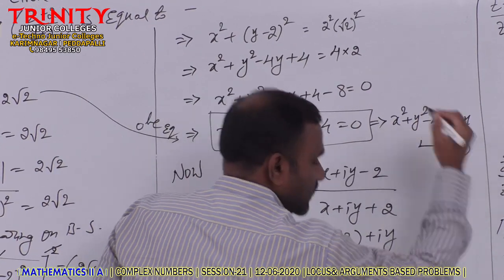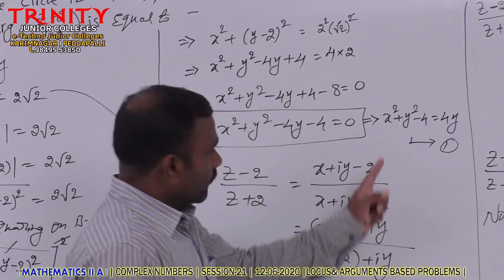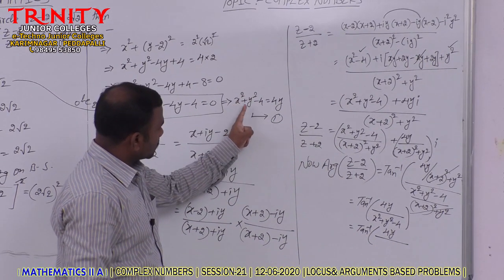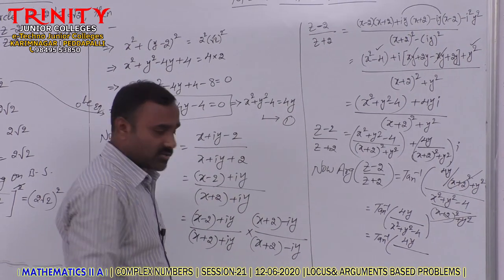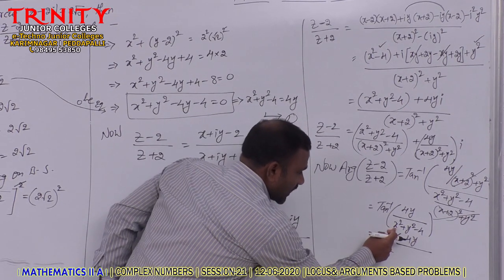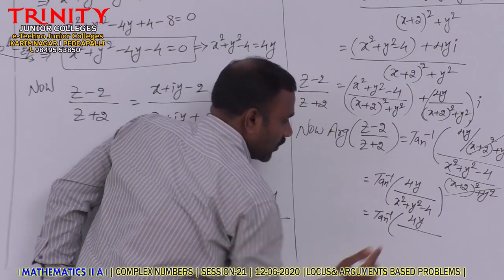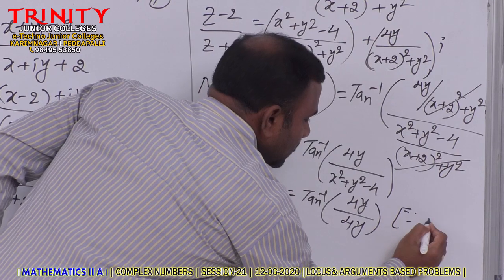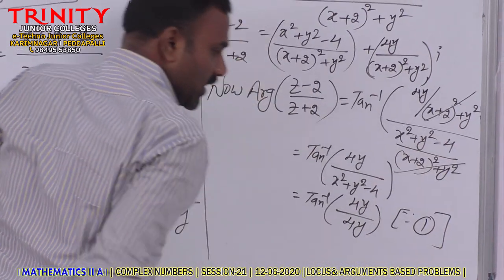Give this as equation number 1. Therefore, from equation number 1, we can replace x square plus y square minus 4 with 4y.